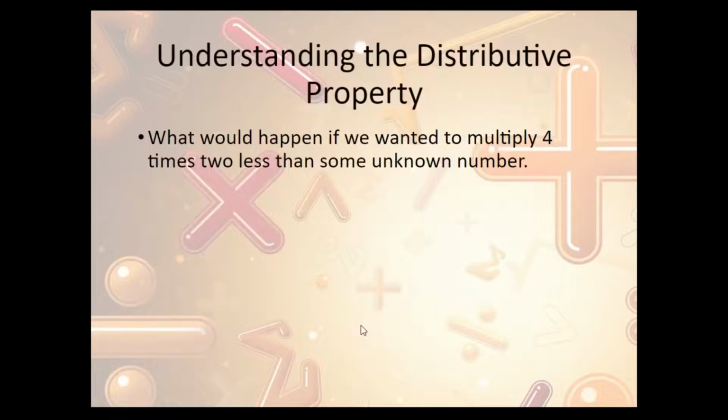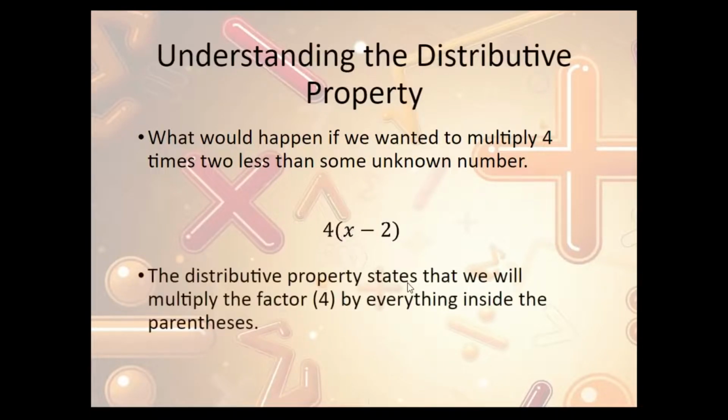So distributive property. So it says what would happen if we wanted to multiply 4 times 2 less than some unknown number? So instead of just being 4 times x, we want it to be 4 times some grouping of a number. So in this case, x minus 2. So we write it just like this, 4 times x minus 2. The distributive property states that we will multiply 4, so the number outside, by everything that's inside the parentheses.